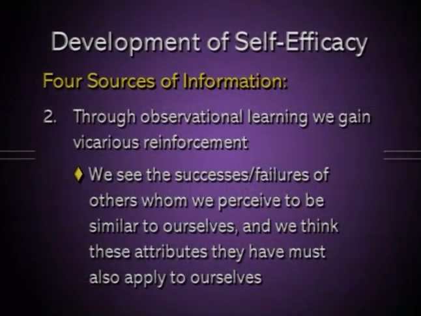Now, the second mechanism or source is through observational learning, and we talked about that last time. In other words, we gain vicarious reinforcement. We see the successes and failures of other people whom we perceive to be similar to ourselves. And we think that these attributes that they have must also apply to ourselves.